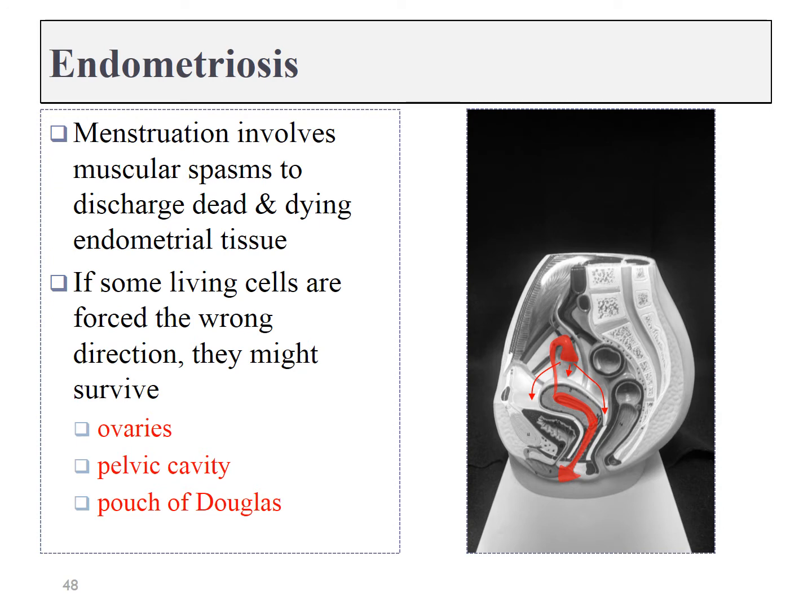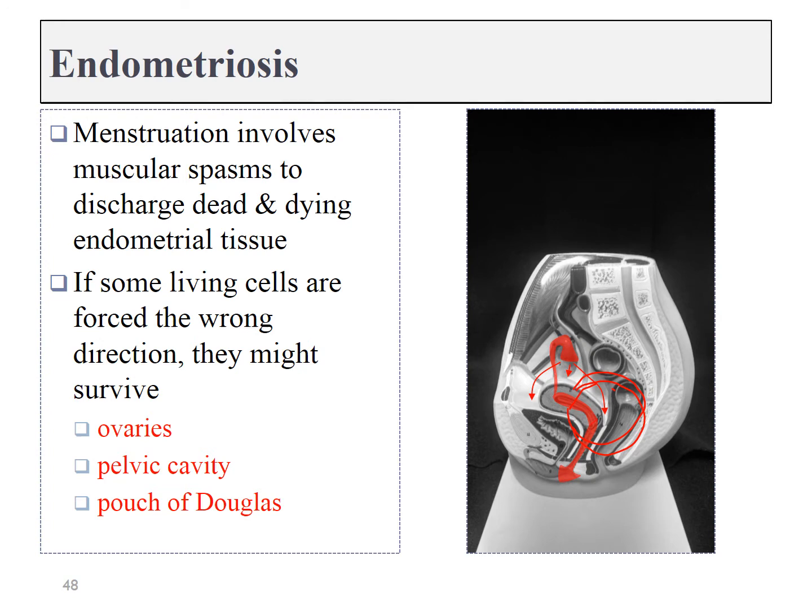And there's an even smaller chance that some of that endometrial tissue could exit the fallopian tubes and wind up in the abdominal cavity. If that were to happen, one of the more likely places for that endometrial tissue to wind up is the lowest spot in the abdominal cavity, which is the pouch of Douglas back here, or the space between the uterus and the rectum.